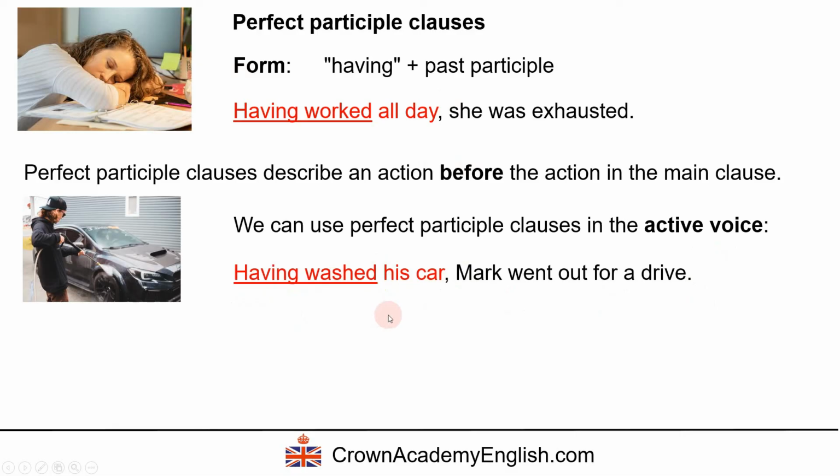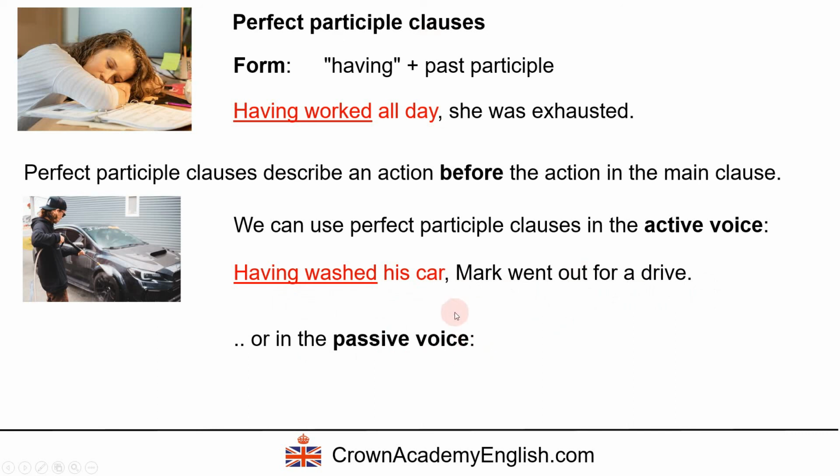After he had washed his car, Mark went out for a drive. Or we could say he washed his car and then he went out for a drive. But with the participle clause, we simply say, having washed his car, Mark went out for a drive. And this is the past tense.